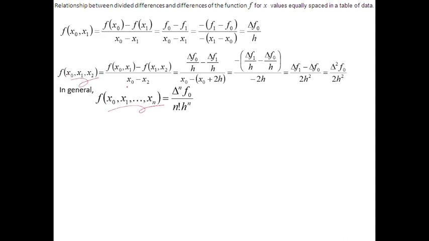For nth order divided differences, they can be obtained using the nth differences of f at k equals 0 all over n factorial multiplied by h to the power of n. That is our formula, where h is the interval.